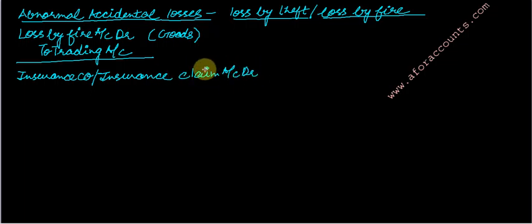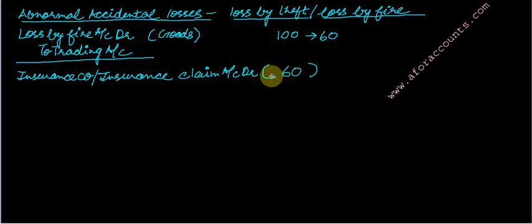Insurance company or insurance claim account debit. By what amount? By the amount which the company accepts as the claim. Say for example 100 rupees is my loss and 60% is admitted by the insurance company. So I will place here 60.